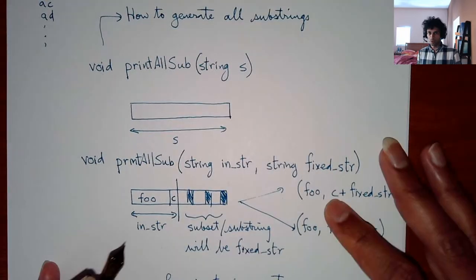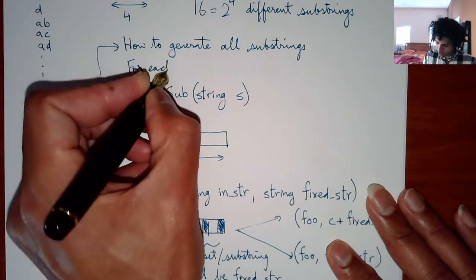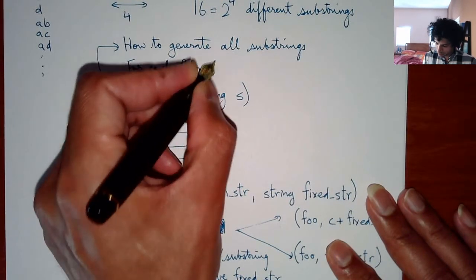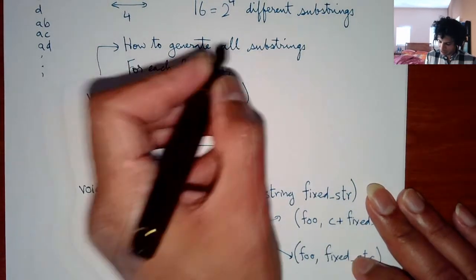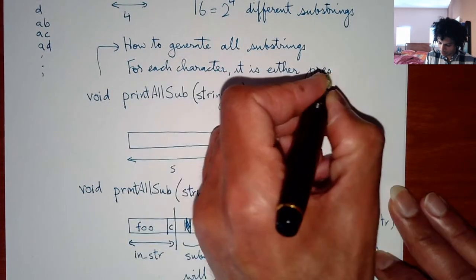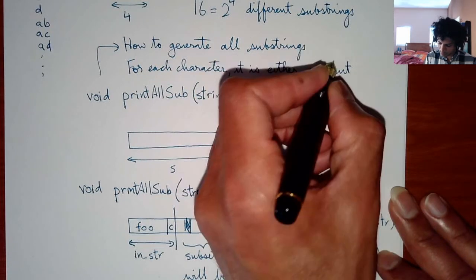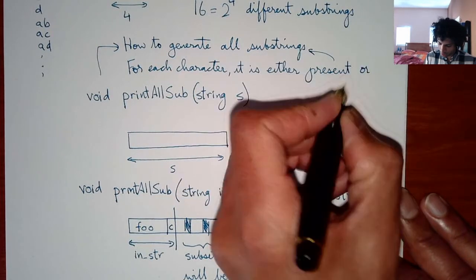So one way to think about this is for each character, it is either present in the substring or not.